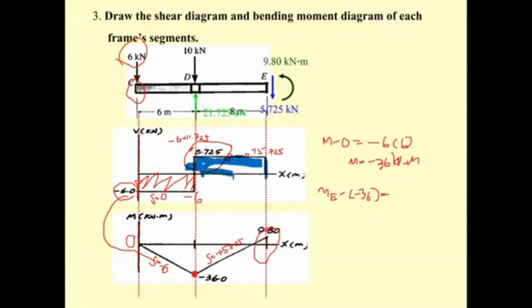The area here is going to be 5.725 times 8, the length of 8. So the M sub E, sorry for the very unbeautiful drawing, the M sub E is going to be here. It's going to be what?